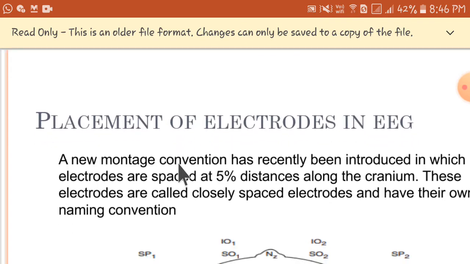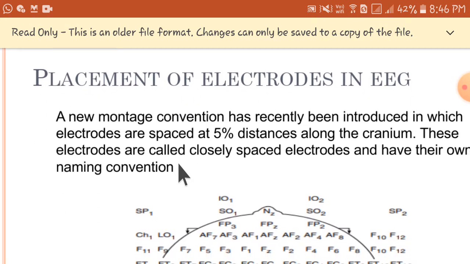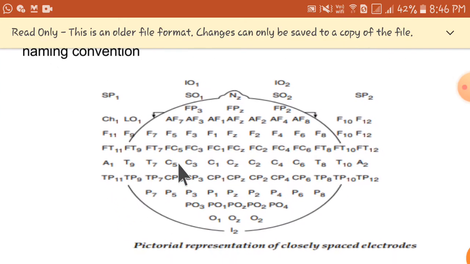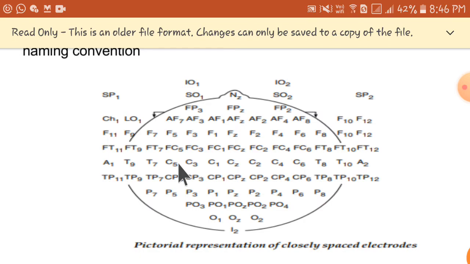This is the standard method. Recently another method has been introduced, in which the electrodes are placed at 5% distance along the cranium. These are called closely spaced electrodes. This is just for introduction.